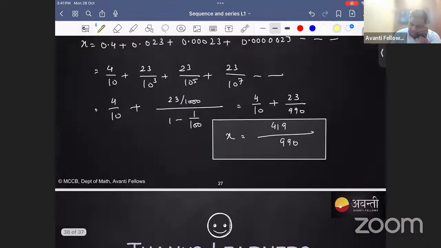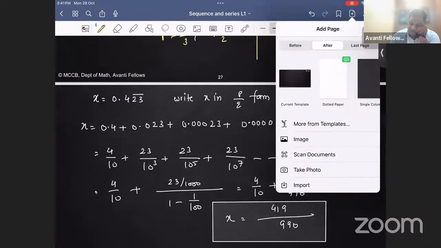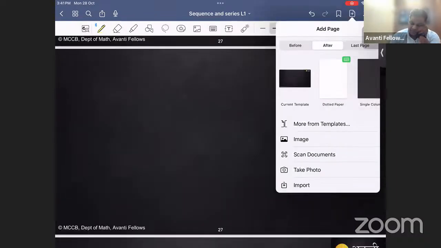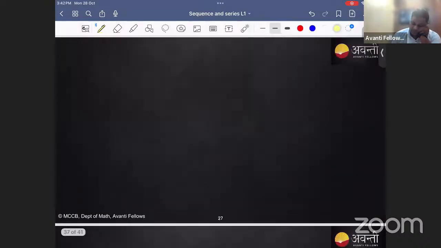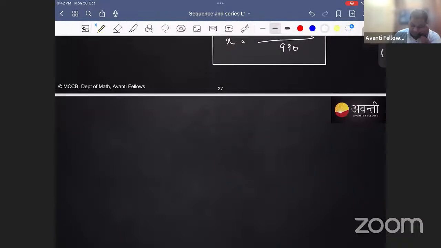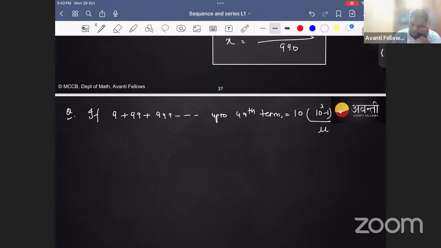Now, one question you will do from your previous year's JEE. Yes, the question is: 9, 99, 999 and so on up to the 49th term is 10 times 10 to the power lambda minus 1 upon mu minus 49, where lambda and mu belong to natural numbers.